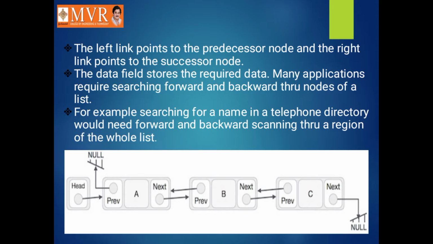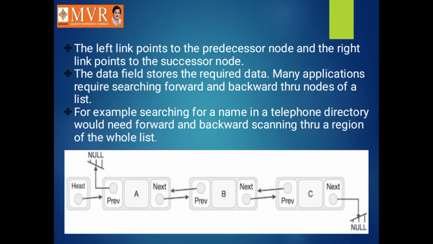Many applications require searching forward and backward through the nodes of a list. That is, in many applications, they require traversing from front to back, from the beginning to the end, and also from the end to the beginning.